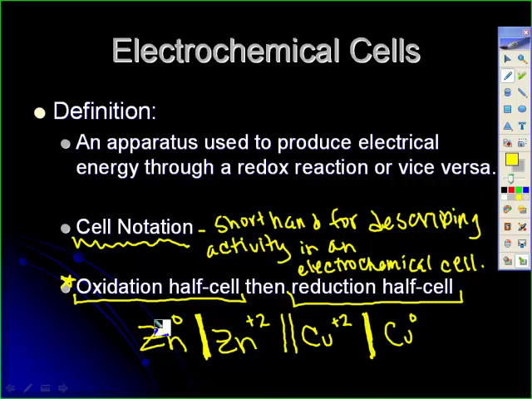So the reduction half cell comes second. It's like this happened, Zn became Zn plus 2, provided the electrons for Cu plus 2 to become Cu0. It's kind of like a story. Zn0 became Zn plus 2, which allowed Cu plus 2 to become Cu0. So we have oxidation first, always written, and then reduction, always second. And this is our separator of the two processes.